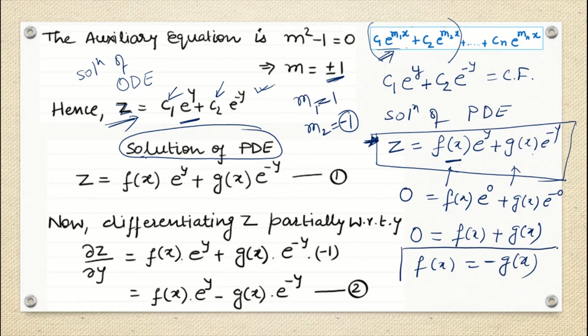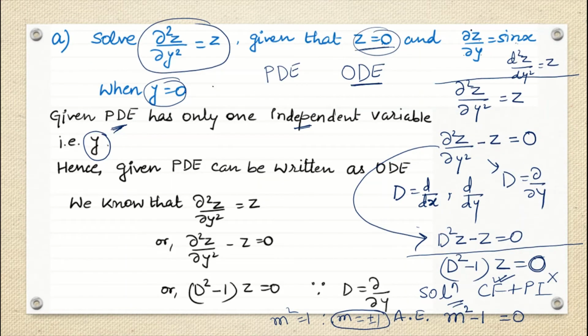So one relation between f(x) and g(x) we have got, and if we get one more relation, then with two unknowns and two equations we will get the values of f(x) and g(x). So what is the second condition? It is written that del by del y of z is sin x when y is 0. That means I have to find the derivative of z with respect to y, and only then will I be able to apply this condition.